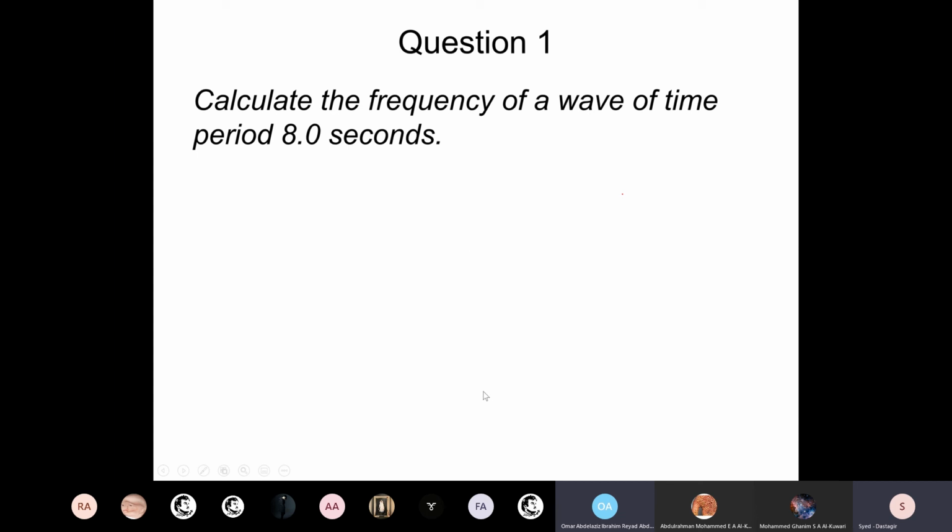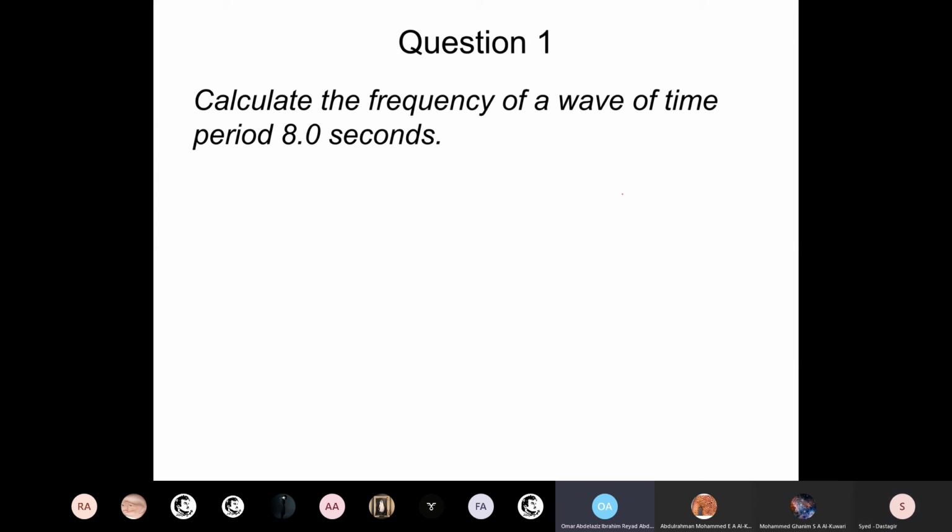Don't shout out the answer, just let me know once you've done it. It should be very easy and quick for you, especially if you're in set 1 maths. Omar, could you read the question for us?